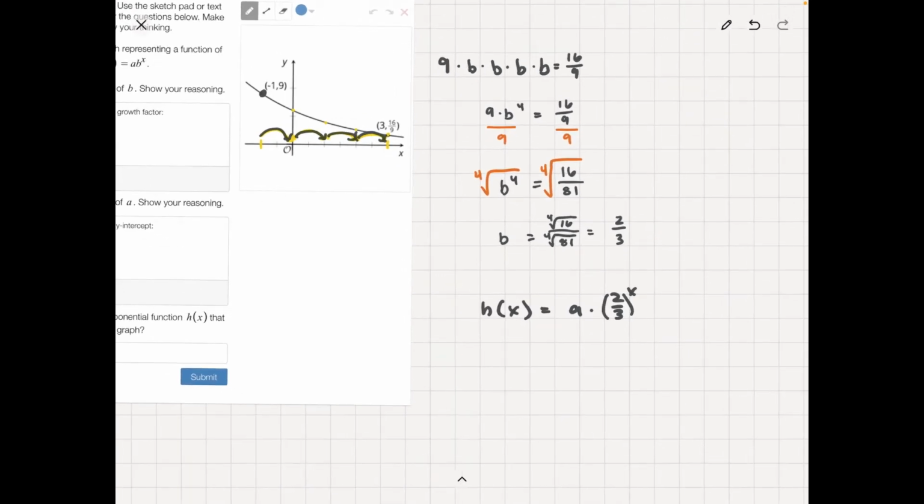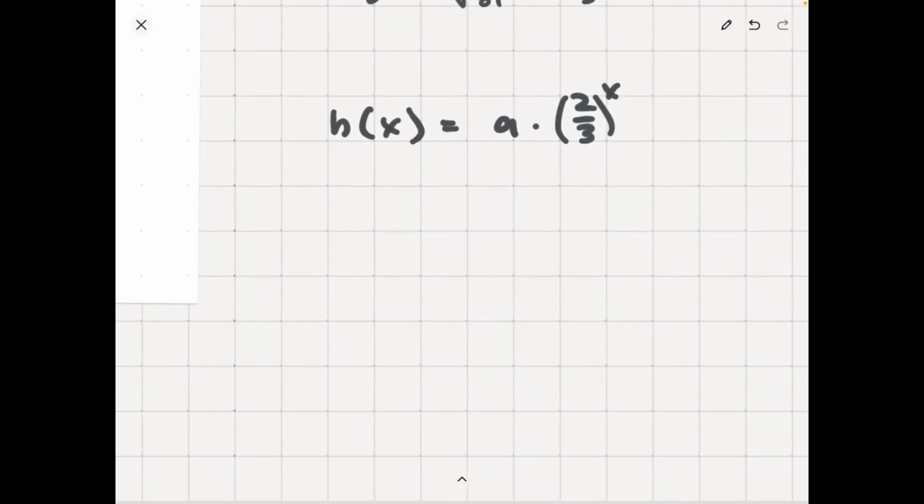I like using -1, 9 because it seems like they're whole numbers. So h of -1 is equal to a times 2/3 to the -1st power, which is equal to 9. Right, I'm plugging in my values into this function.